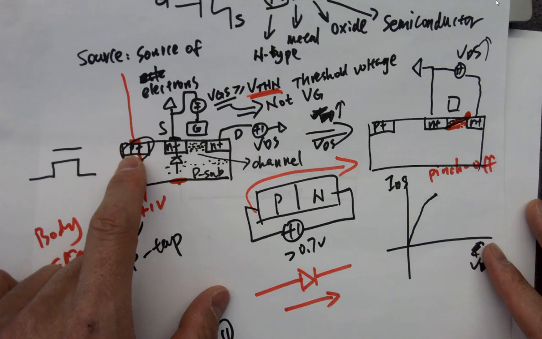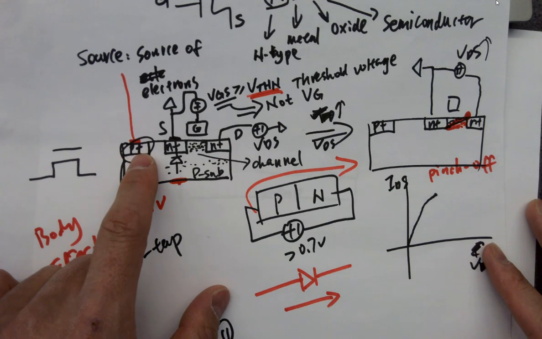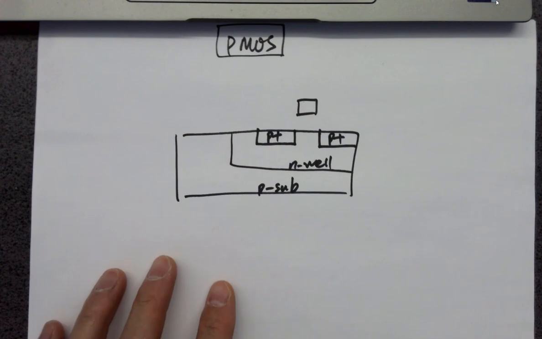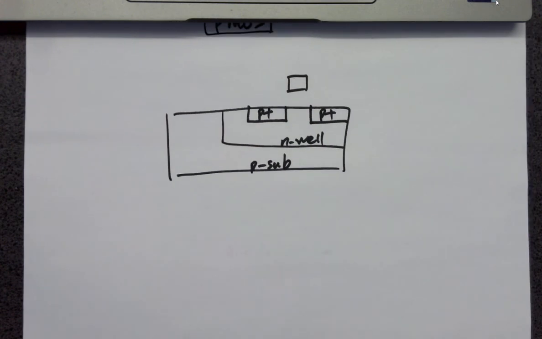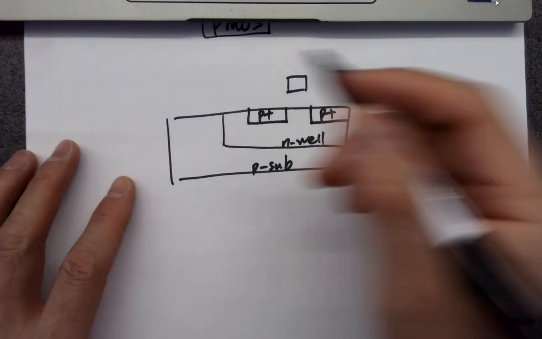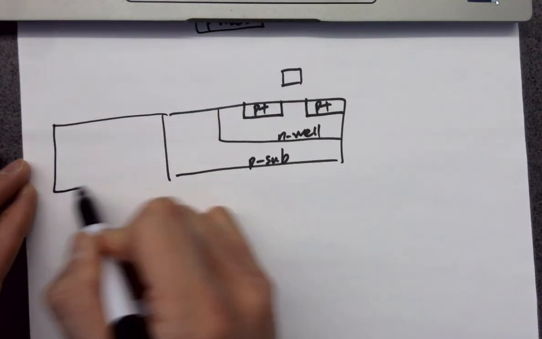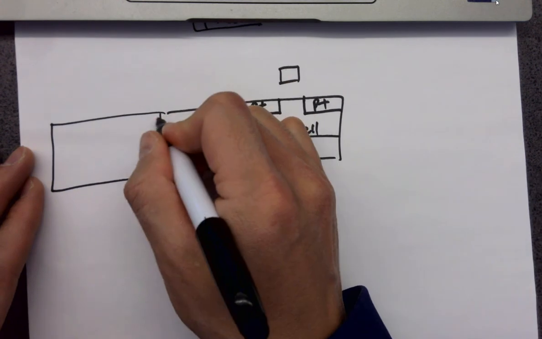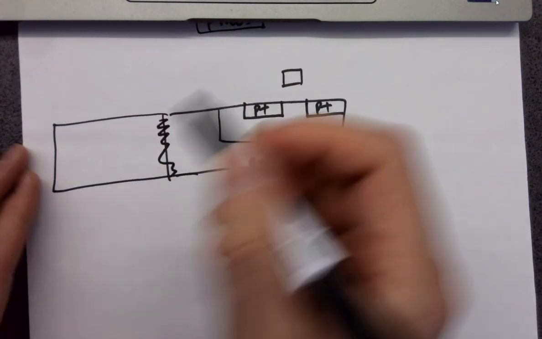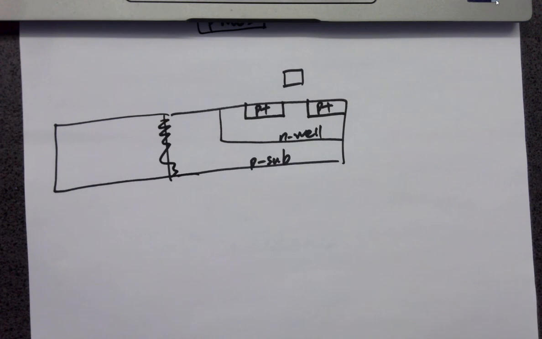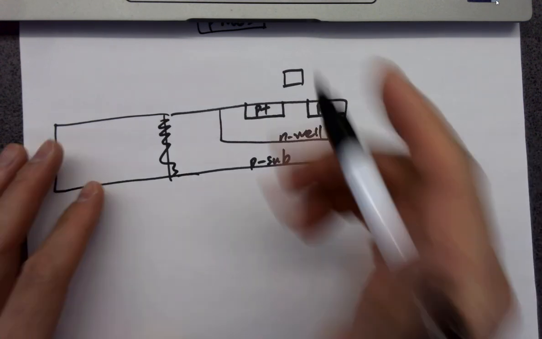So P sub is shorted to ground. I don't want to short the P sub of the PMOS to ground. Is that possible? No, it's just one wafer. You get billions of NMOS and PMOS on the same wafer. So P sub is permanently shorted to ground. There's nothing that can change it.